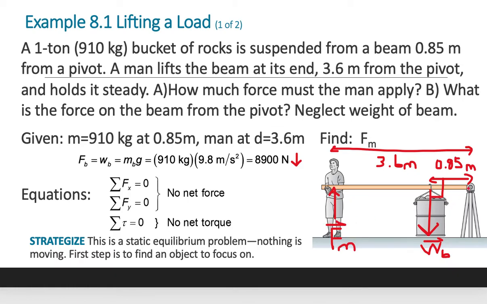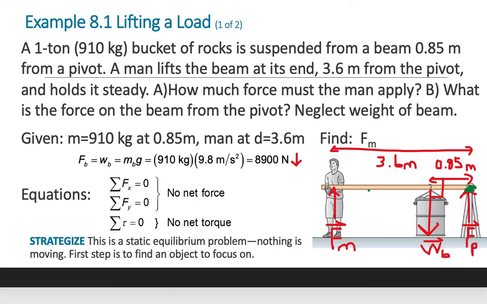Now there's also another force here at our stand, so our stand must be applying a force as well. We'll call it force at the pivot. So let's put a big circle at our hinge point to remind ourselves where this thing is going to rotate, which is that green circle there.